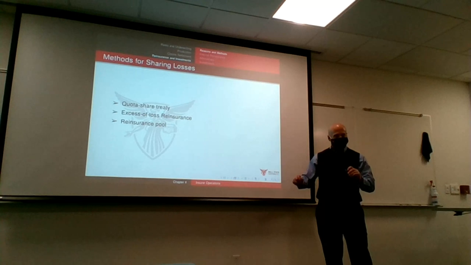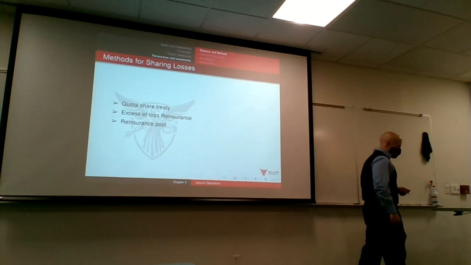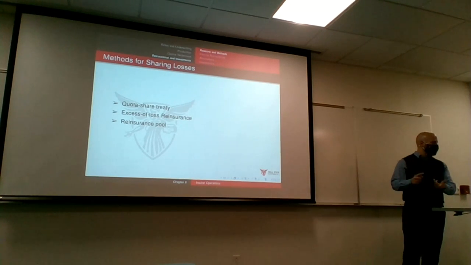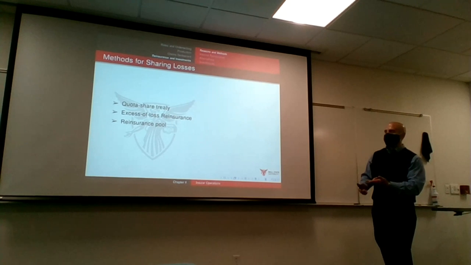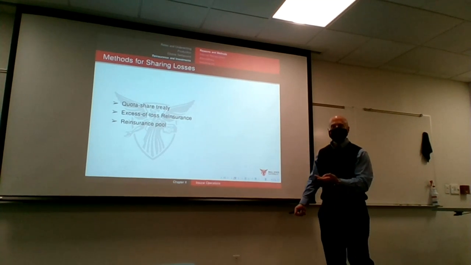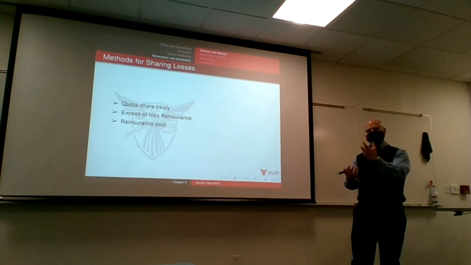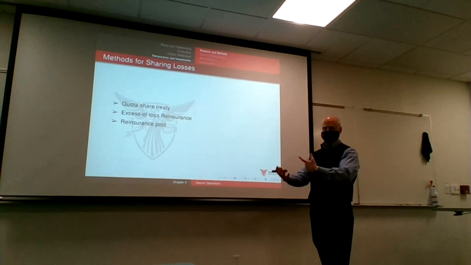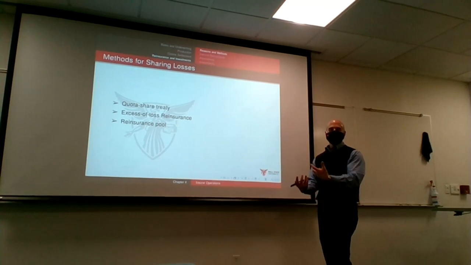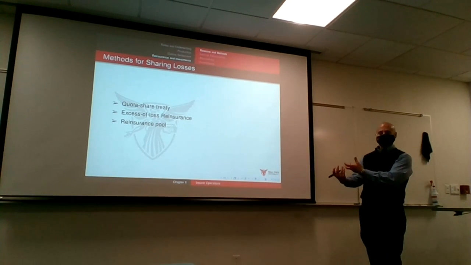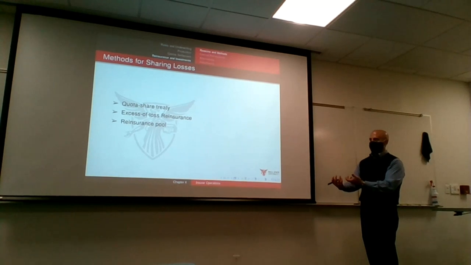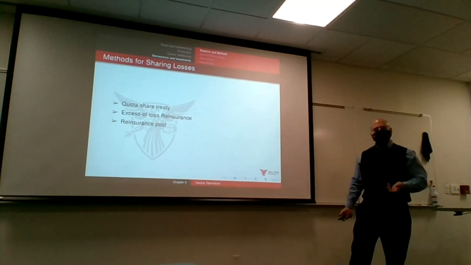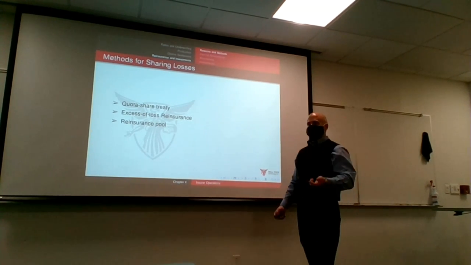Now, the very brief overview here: we're going to go through quota share treaty and excess of loss. A reinsurance pool is just a number of reinsurers getting together with cessions and retrocessions. Okay, we won't work through an example of that, but I do want to have it listed here. So a quota share treaty is kind of like profit and loss sharing.